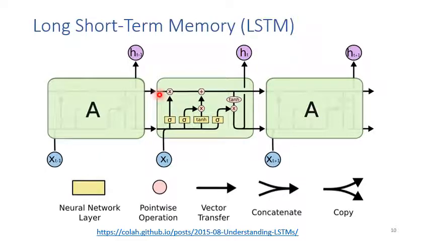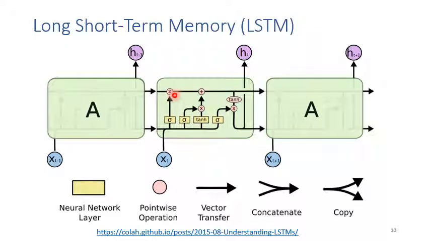The first is the cell state. The forget gate can control if we want to forget information. The sigma means the sigmoid activation function. Remember, the output of sigmoid is between 0 and 1. So we can use the sigmoid activation function like a switch. 0 means turn off, and 1 means turn on.